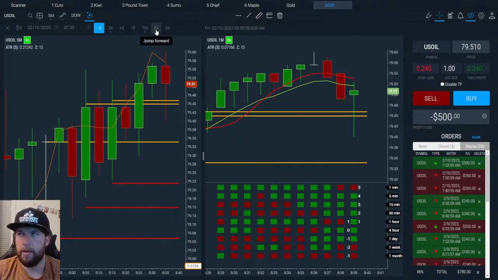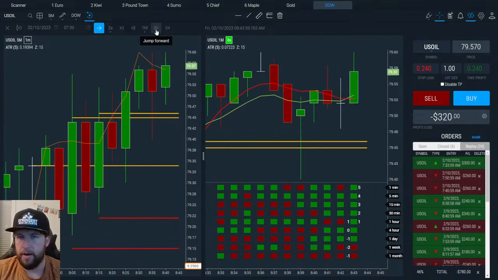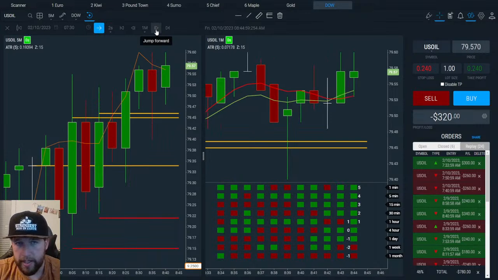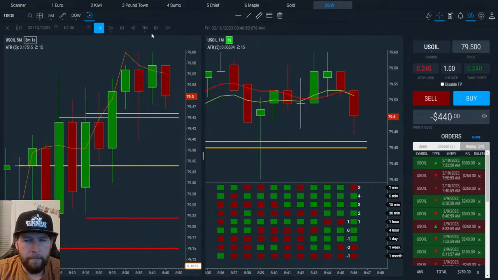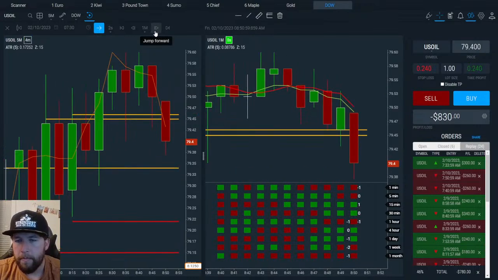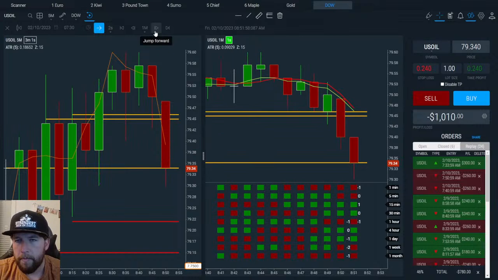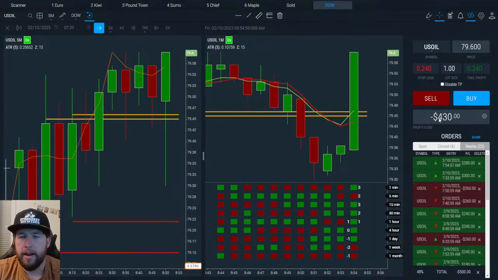So maybe if I see that when I'm taking trades in the live market, maybe think twice about taking that trade. But for now, we're just taking every signal that we see, getting a true win rate. There's a buy.